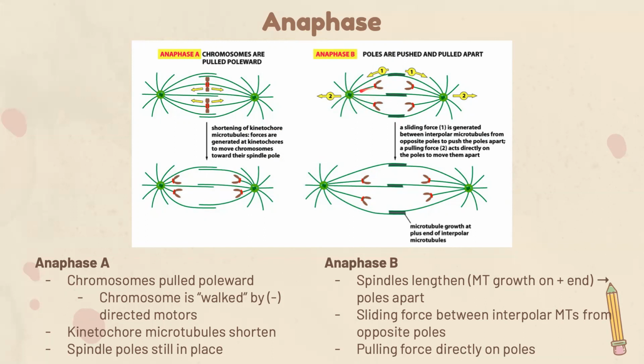So in order to make more room for this lengthier spindle, they have to move outward so that not everything is squished together. Does that make sense? I know sometimes A and B is confusing to distinguish. Cool.